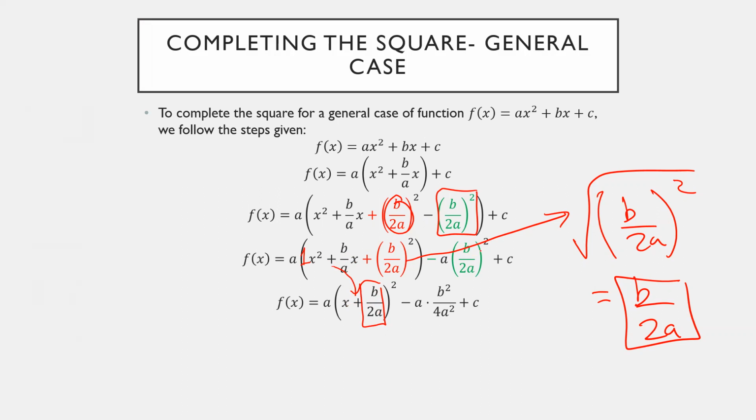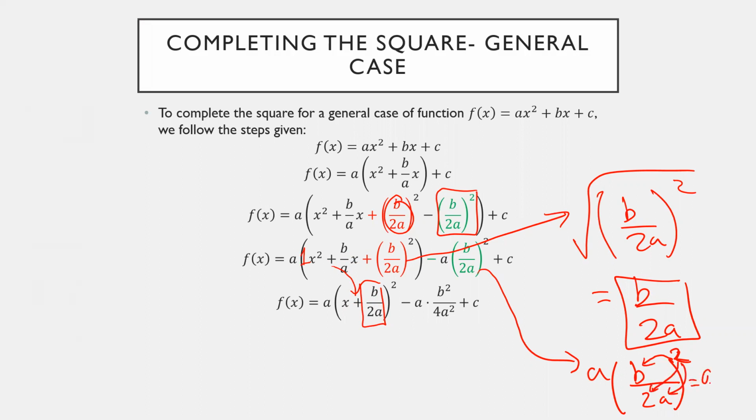And then notice here what ends up happening. We end up getting, and I'm going to do this on the side, a times b over 2a squared. And this requires a little bit of exponent laws. If you recall from exponent laws, we are allowed to apply the exponent 2 to the variable b. We apply it to 4, and we apply it to a.